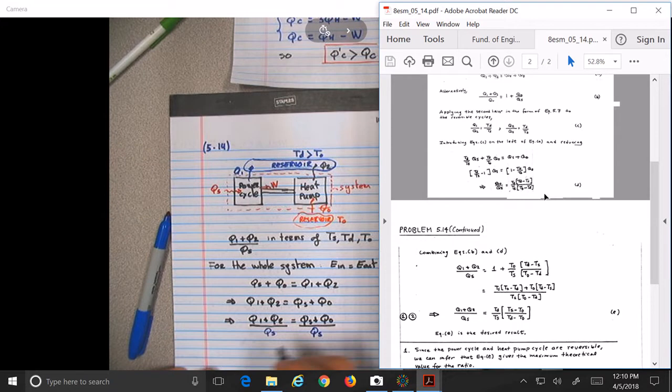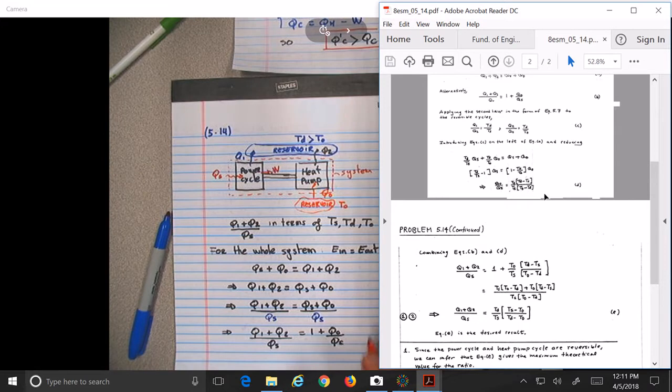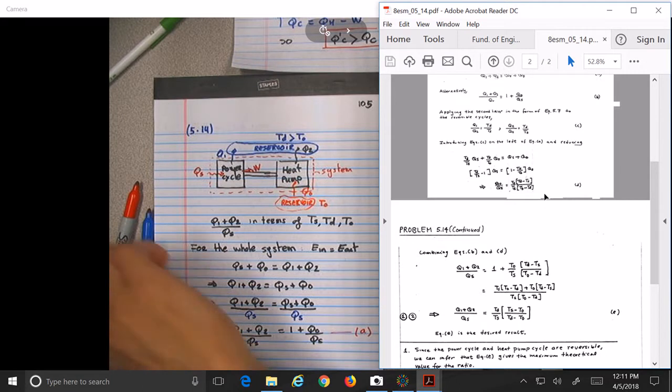So this will give you that Q1 plus Q2 over QS equal to 1 plus Q sub naught over Q sub S. Okay? And let's say this is our expression A.